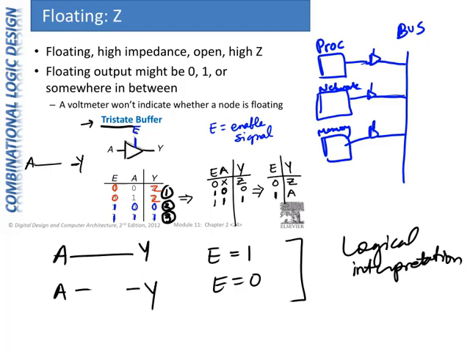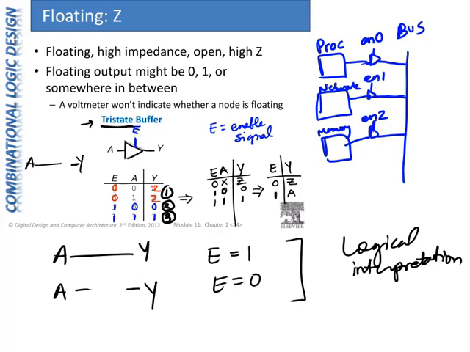But if they all want to drive this, we can put different enables on these tri-state buffers. And only one of them is going to be high or hot at one time. So, for example, the processor could be driving some values onto the wire. So its enable would be 1. To avoid contention, the enables of the other 2 are 0.